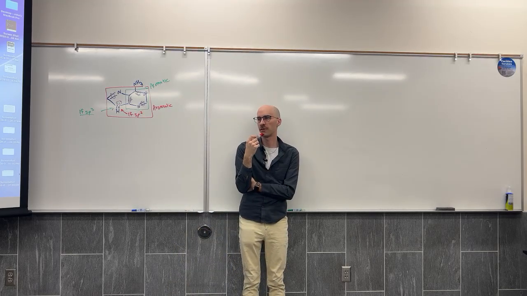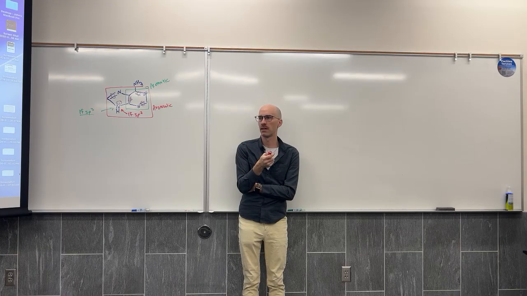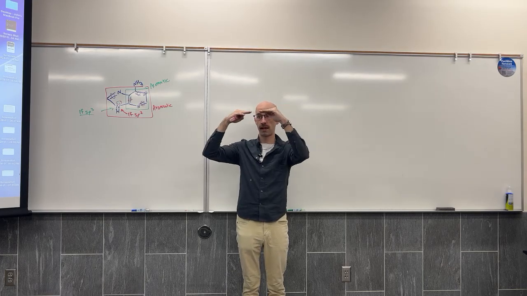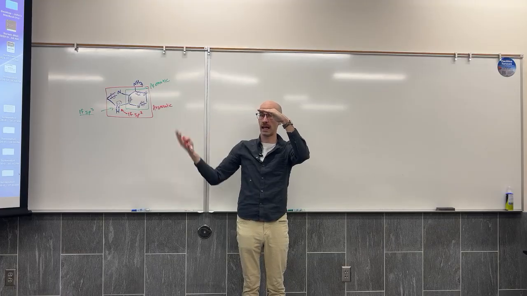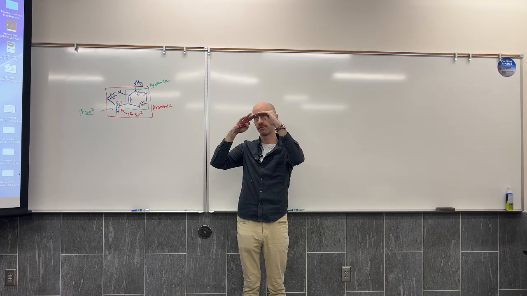So is there any difference between part of the structure being aromatic versus the whole structure being aromatic? This is different than those examples we did yesterday where it's either just a non-aromatic structure or an aromatic structure and it's lower in stability. Sorry, it's more stable.